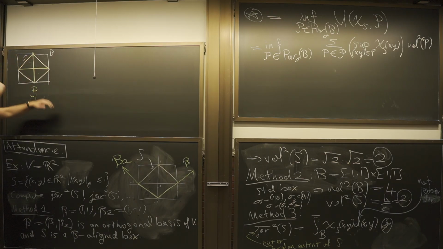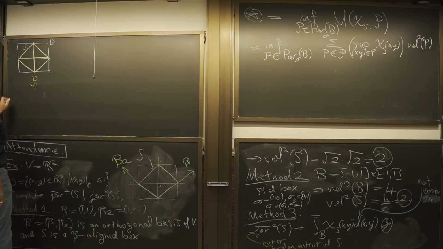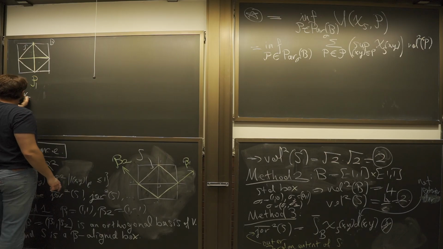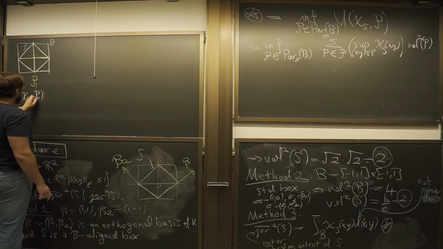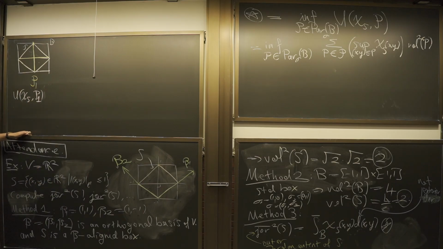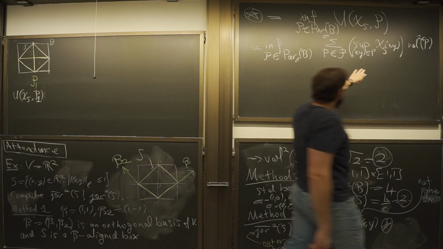But by definition, if it's elevated, it's going to give me 1. So for this partition, I'm going to have 1, 1, 1, 1 for height information.